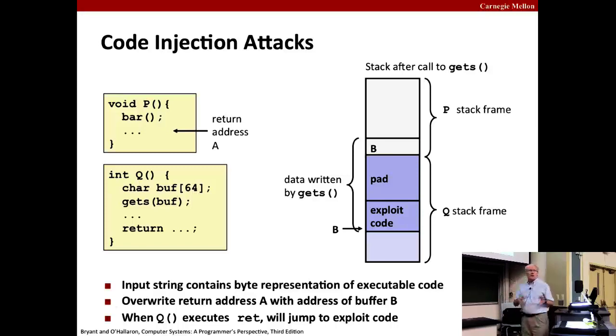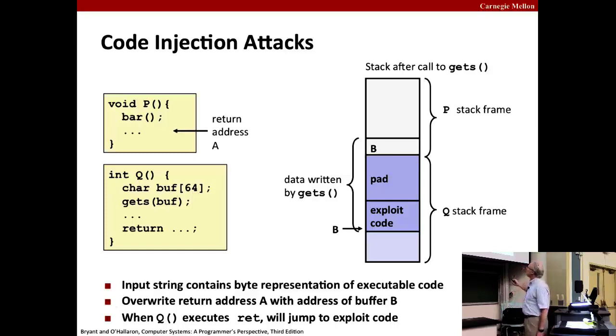Let's call that number B. It's going to be an address that represents a stack location. And that value B then is the starting address of the buffer, which happens to be where your exploit code, remember this is just executable instructions, was stored.